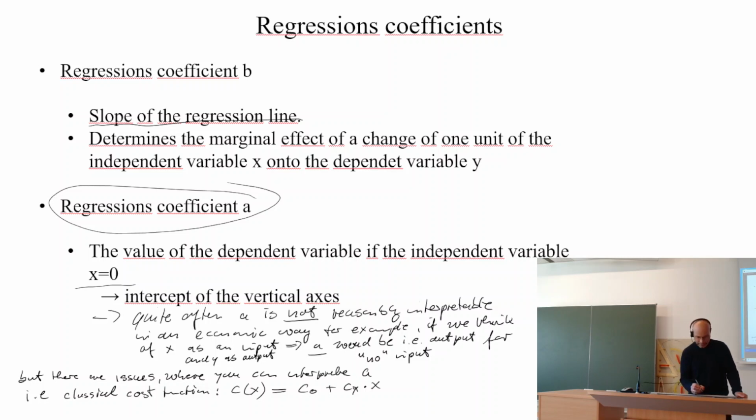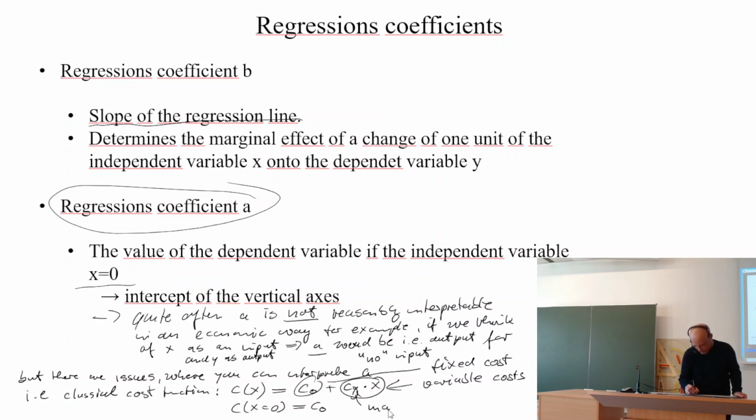Well, and then of course, C of 0 is just C0, so this would be our fixed costs, and these are our variable costs. And then of course, b would be then our marginal costs.